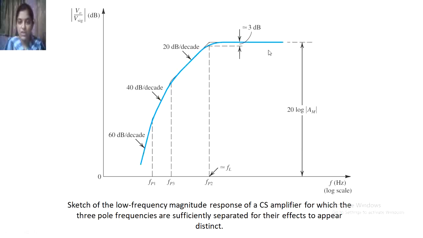This means the 3 dB point. From this side, the first decade increases 60 dB per decade, then 40 dB per decade, then 20 dB, and at last it is approximately the 3 dB, which is given by 20 log of Km, the maximum amplitude or the voltage gain.